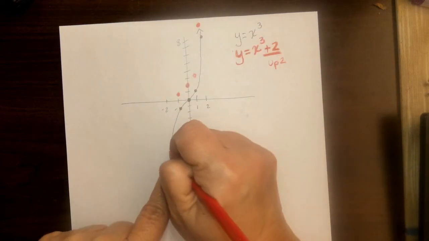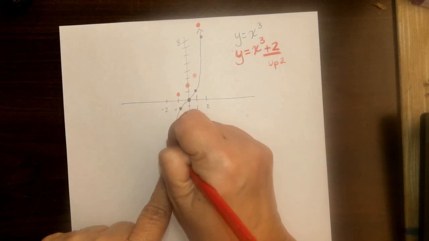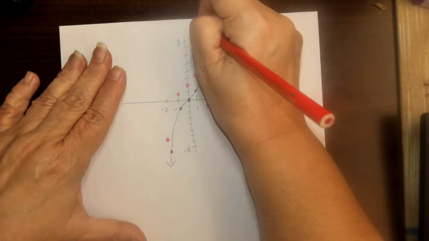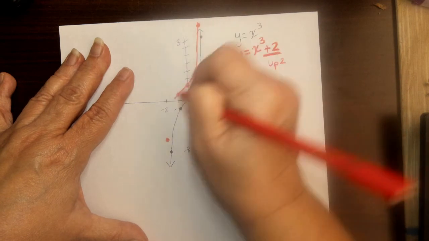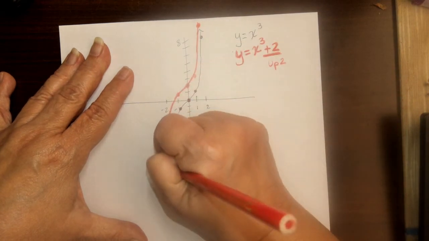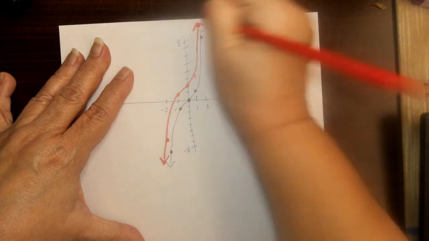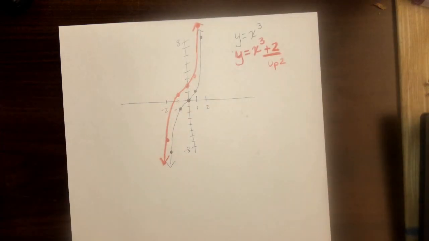And then I go to this point and I go up 1, 2. And there is my graph. Everything shifted vertically up 2.